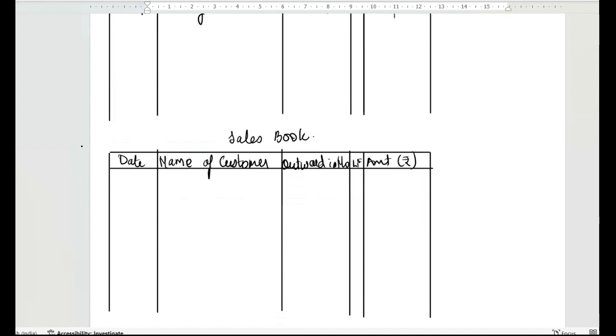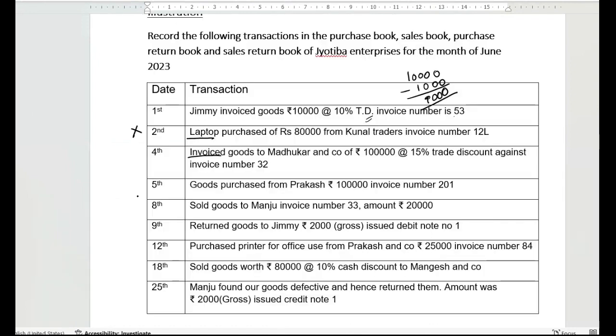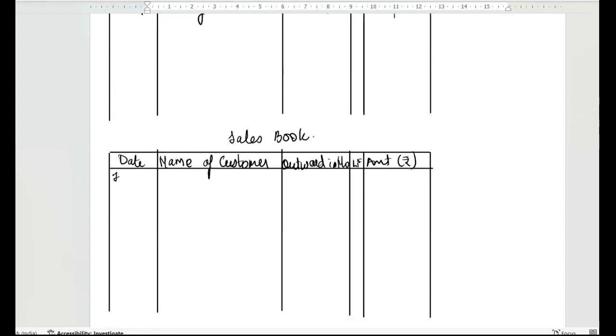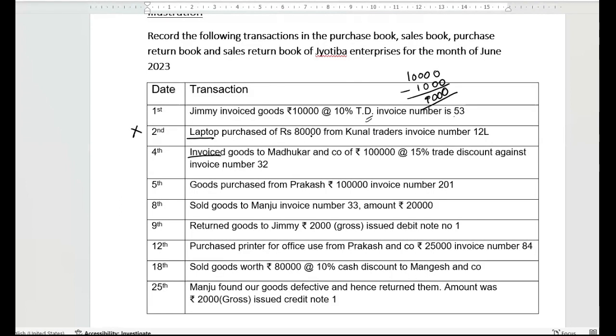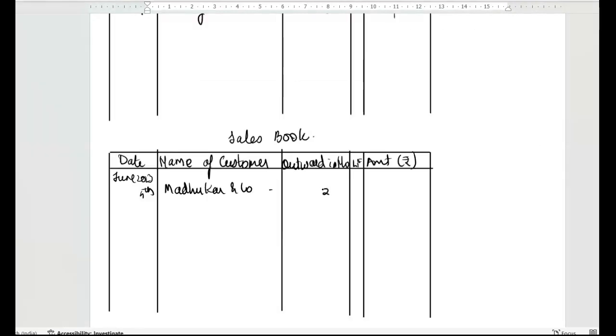So in the sales book, June 2023, on 4th, I guess it is, right? 4th of June, the transaction is Madhukar and Company, customer's name. What is the invoice number that we are raising? Invoice number is 32. So I write here outward invoice number is 32.